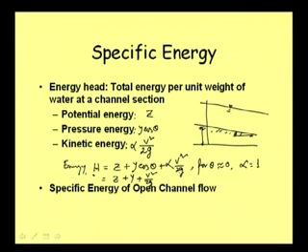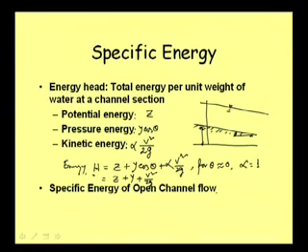Well, when we talk about the specific energy of open channel flow, we talk about the energy with respect to the channel bottom, with respect to the bed of the channel. Earlier, this Z was from the datum.